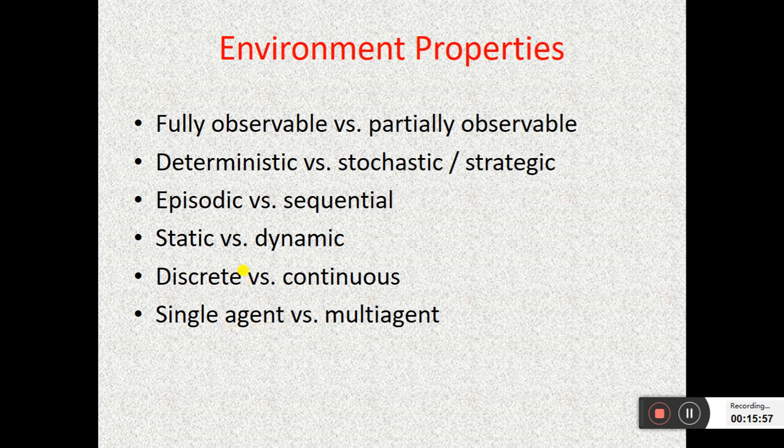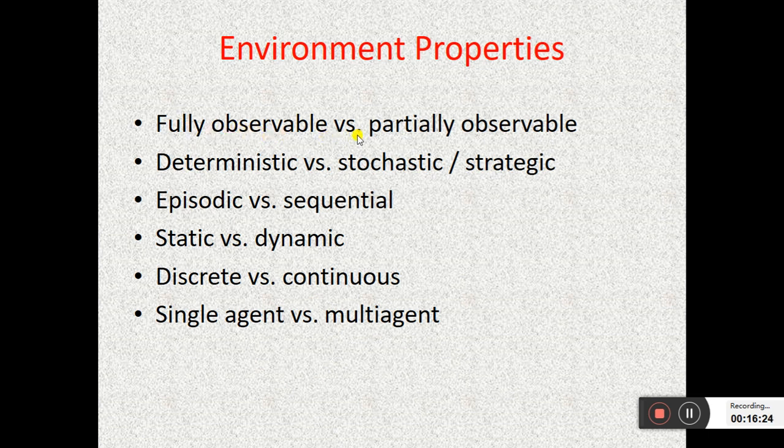And in a different environment where we have multi agent, multi agent means if we have different types of computers working in one environment, then this would be known as multi agent. So fully observable, this one is remaining.